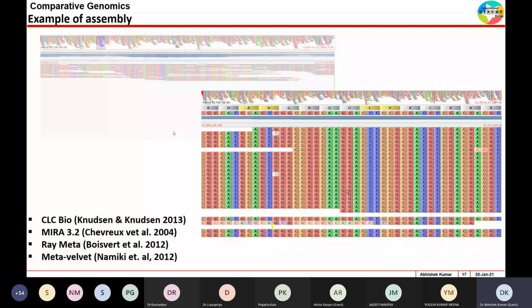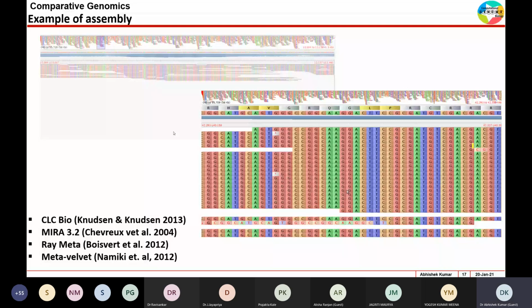And from here you can call mutation, because here the base is C all the time. In one case you can see that A is there most of the time and C only one time. So this can be an error. But suppose this is constantly happening, you are getting C all the time, maybe 30% of the time you see C, then it is a mutation.